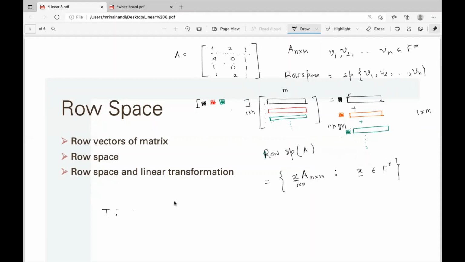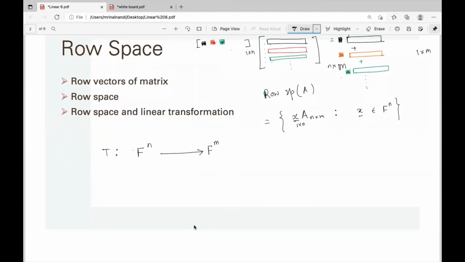It is a linear transformation from Fn to Fm. We know a matrix is like a linear transformation, so the matrix itself gives a linear transformation, coming from A, so you can call it TA. How is this linear transformation constructed?